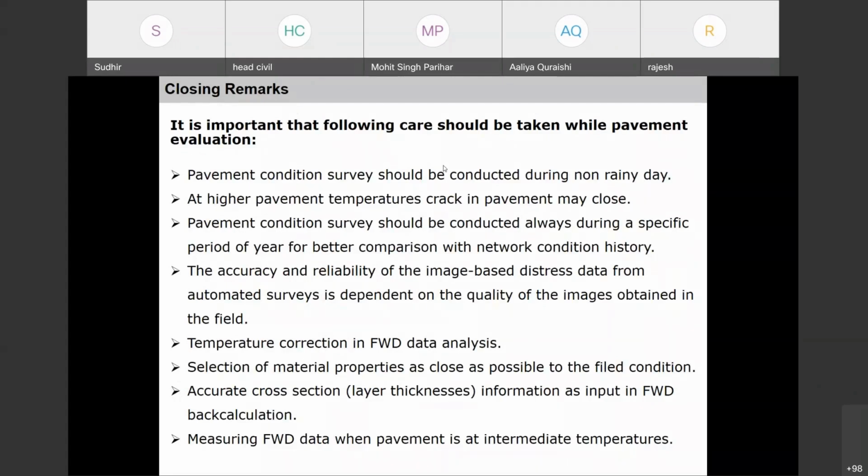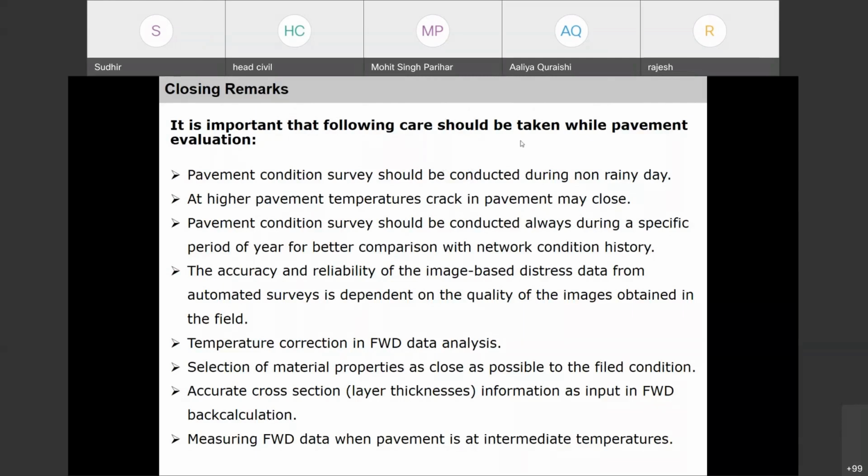Okay, you should not perform a pavement condition survey at a point where the pavement temperature is too high, because at higher temperatures there is a tendency of the pavement to close the cracks, right? So in case the pavement is at a higher temperature, you may not be able to see cracks, or the cracks might have closed, right?